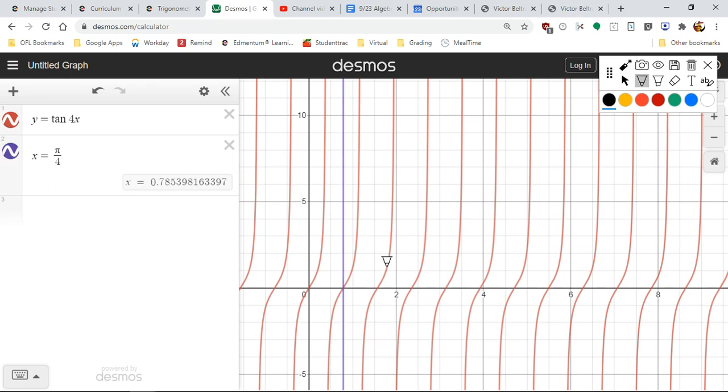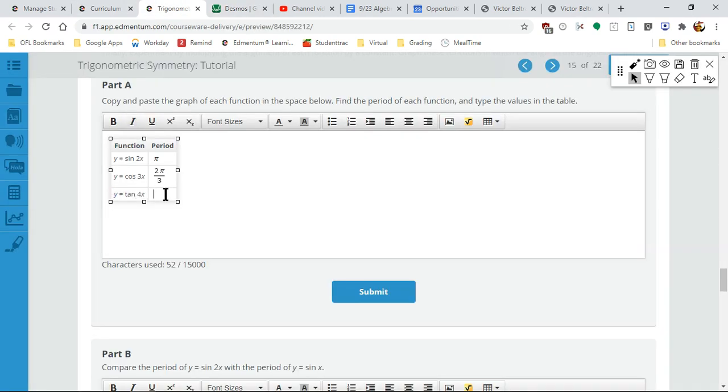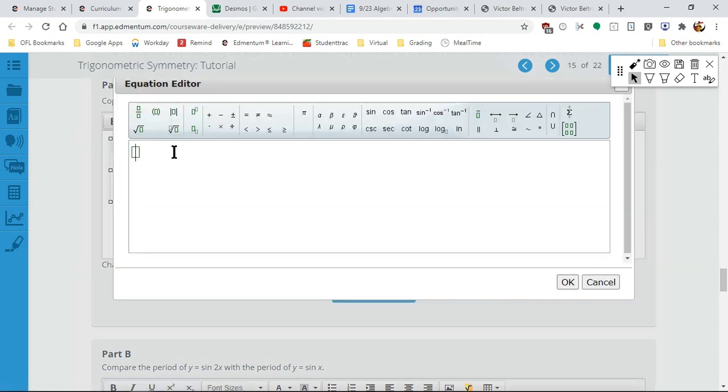So it would be technically correct to show it that way because we can see it starts here and it grows, starts here and it grows. So it is every pi over 4. So our period is pi over 4. It just looks a little weird cutting it in half that way. So period is the fraction pi over 4.